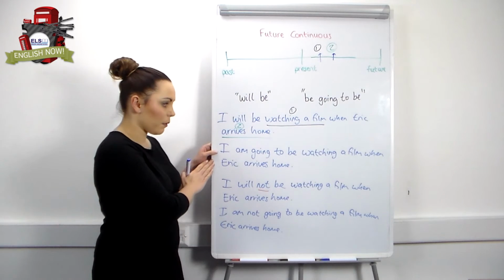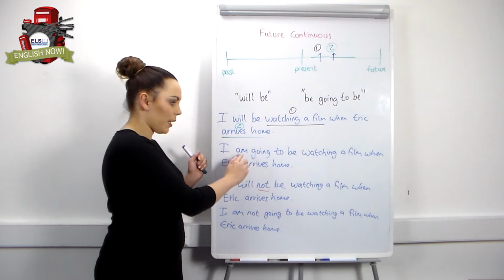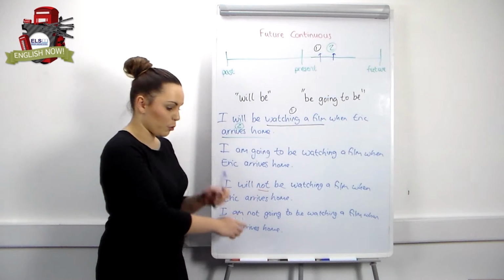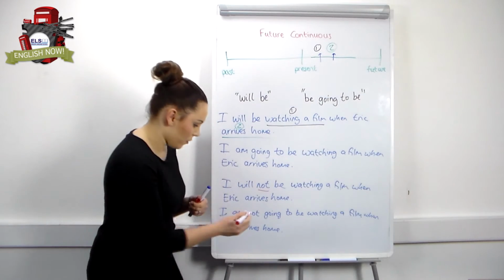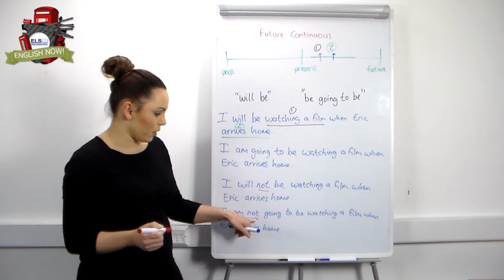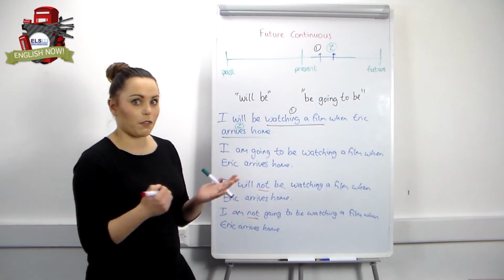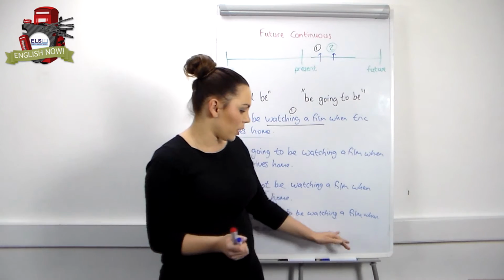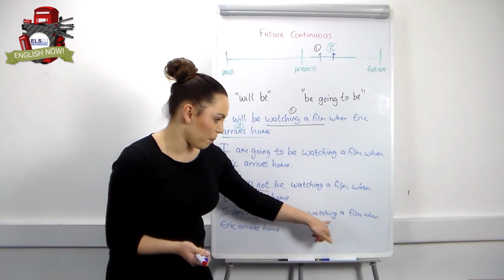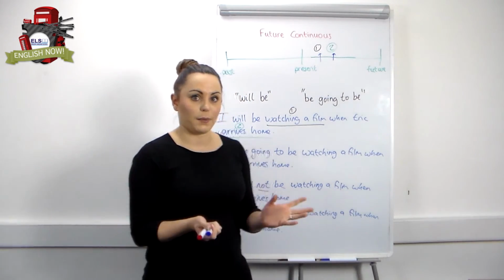It's the same as our statement, but in between the be and going, we have to put our negative word not. This shows us it's a negative. Be going to be shows us it's the future continuous. Watching is our verb. So remember, it's our verb plus ing.